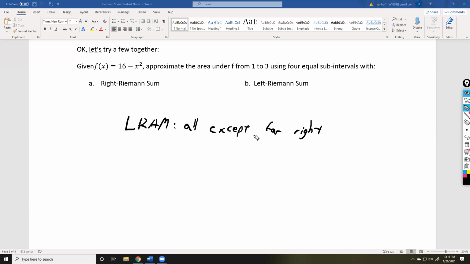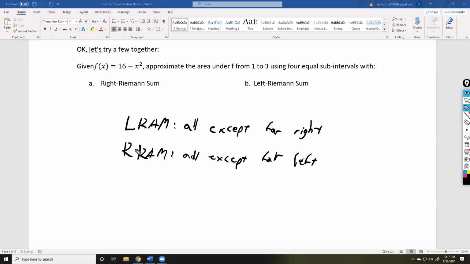In other words, because we're always choosing the one on the left, the very rightmost endpoint didn't get chosen, didn't get used. And it's going to be the opposite for RRAM. When you're doing RRAM, you should choose them all except the far left of the interval. So all of them except for the leftmost endpoint of the interval. And that'll be a good rule of thumb for knowing which points to pick.